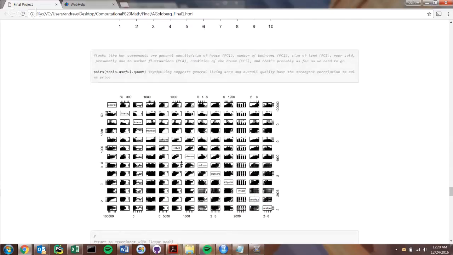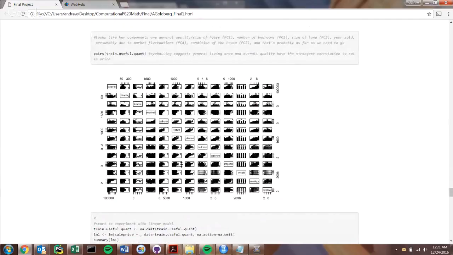If we want to look at how each of these variables relates to each other, it's not as easily viewable on such a small screen, but I plotted all of the pairs, and you can see that many of the variables have what appears to be a pretty strong relationship to each other.